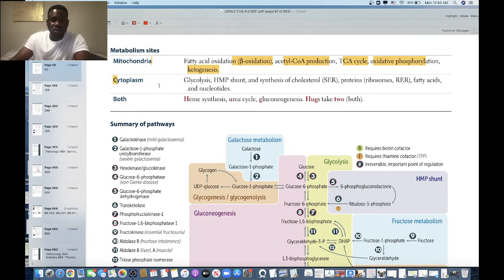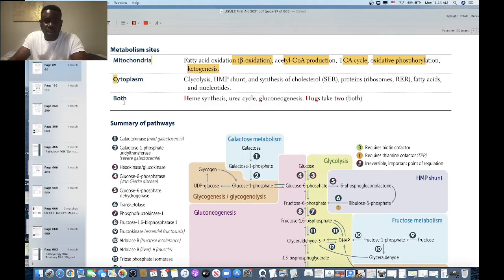So cytosol: glycolysis, HMP shunt, synthesis of cholesterol, production of proteins in ribosomes and the RER, they're all in the cytosol, and then fatty acids and nucleotides are all in the cytoplasm.